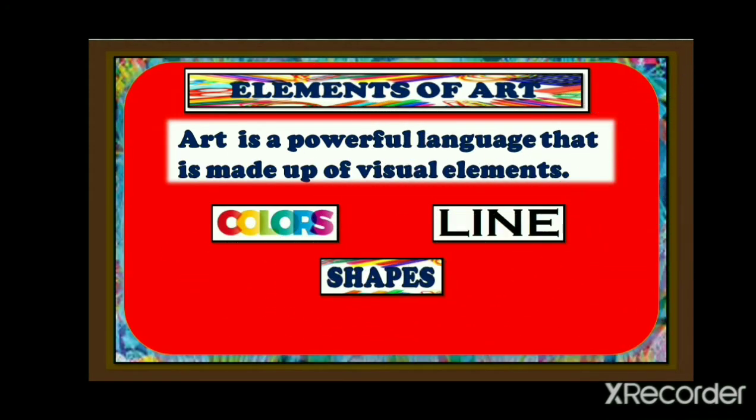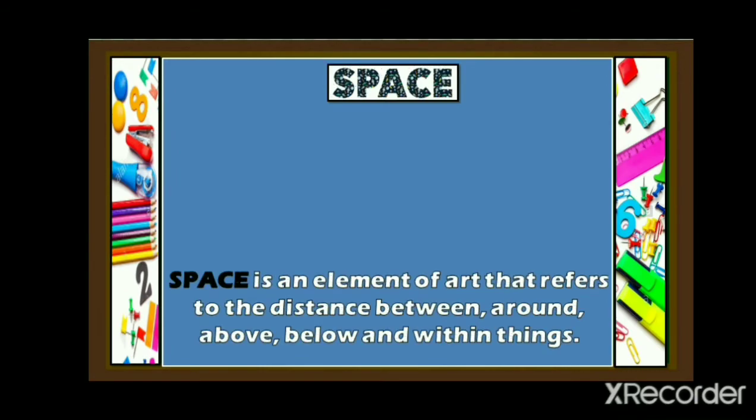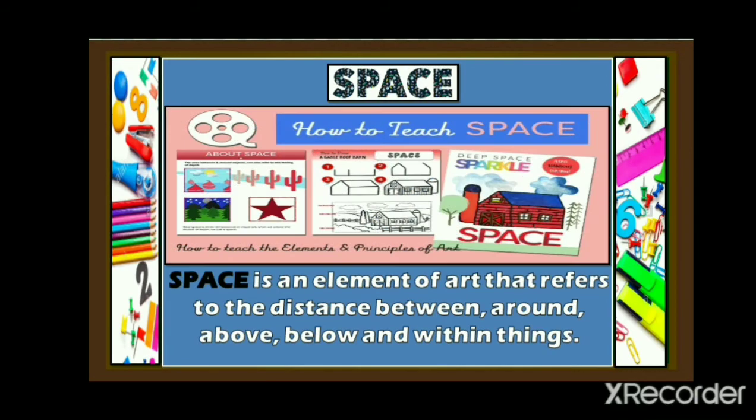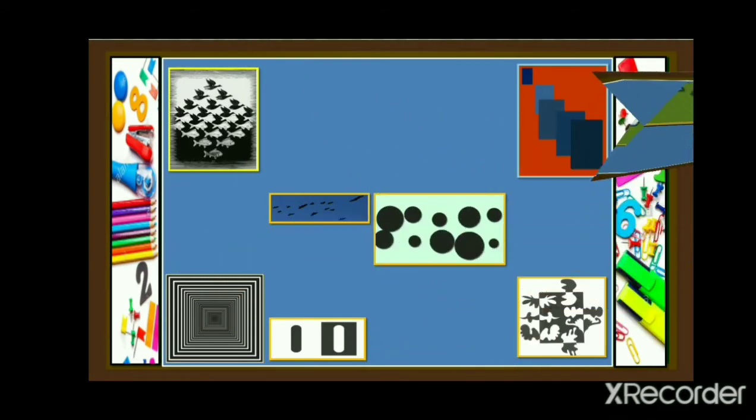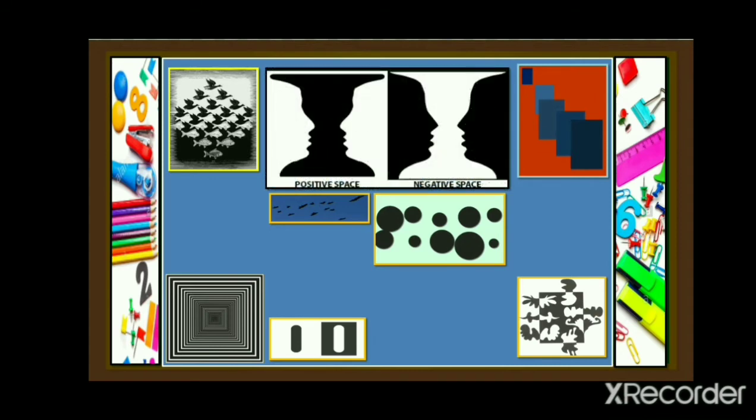Another element of art is space. Space, the element of art, refers to the distance between, around, above, and below, within things. Types of space: we have the positive space and the negative space.